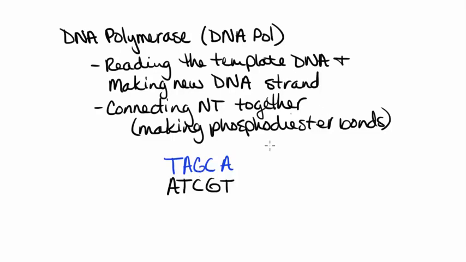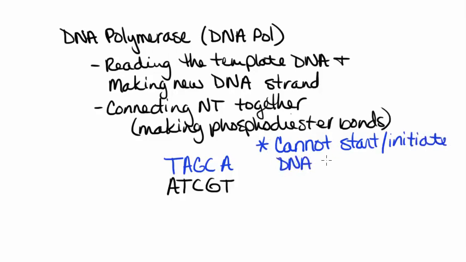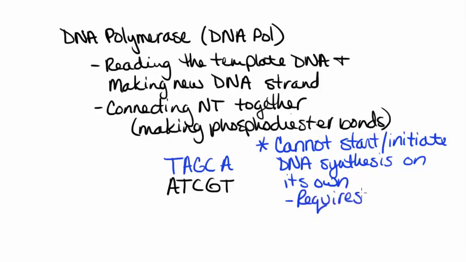So first off, DNA polymerase cannot start the synthesis, or we could say initiate DNA synthesis on its own. So what that means overall for us is that it requires an end to add on to.